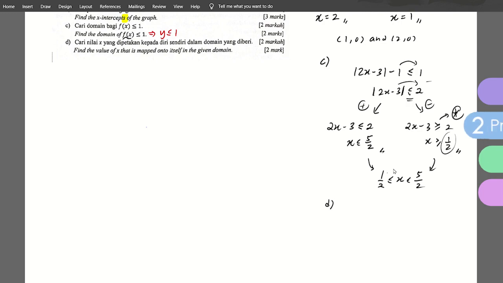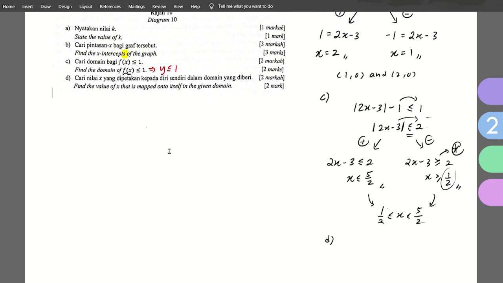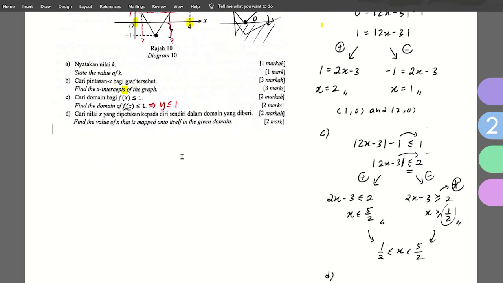Last is part D, which is to find the value of x that is mapped onto itself in the given domain. So what does this mean? The important point here is mapped onto itself, meaning if I put x into a function, let's say f, the result that comes out is the same thing.